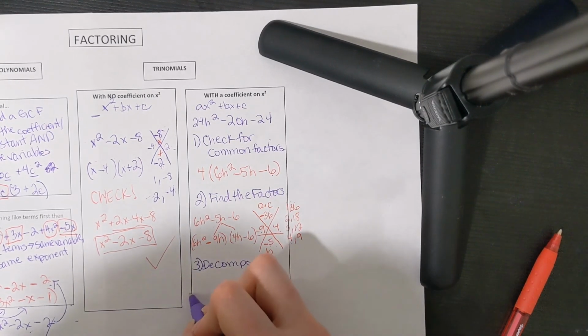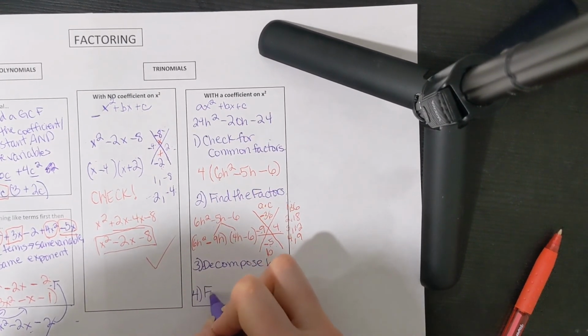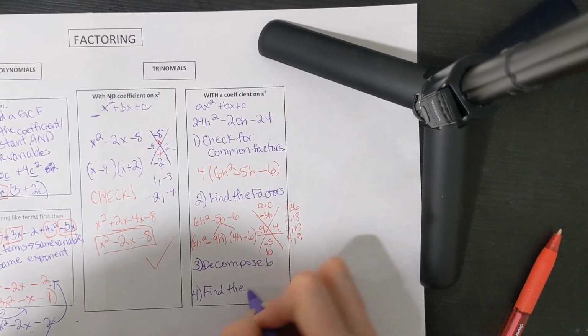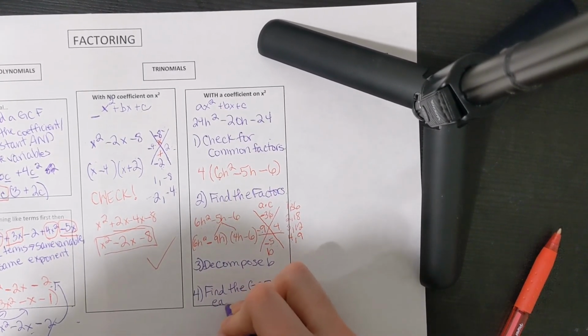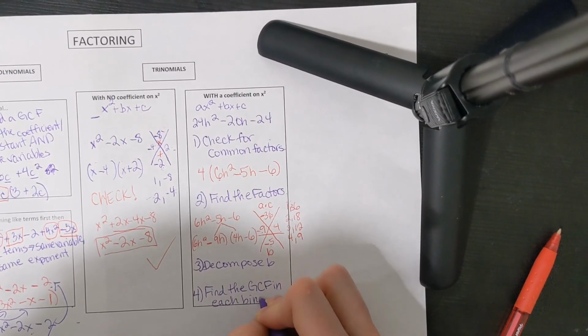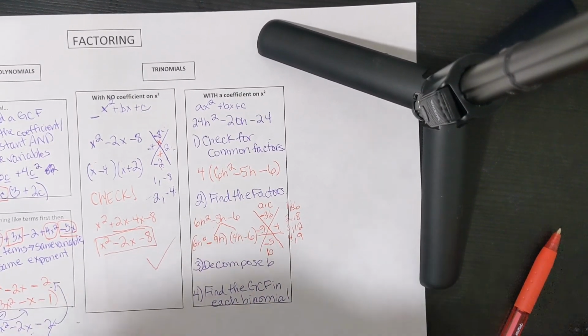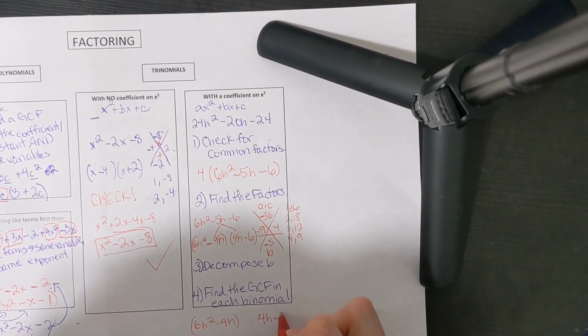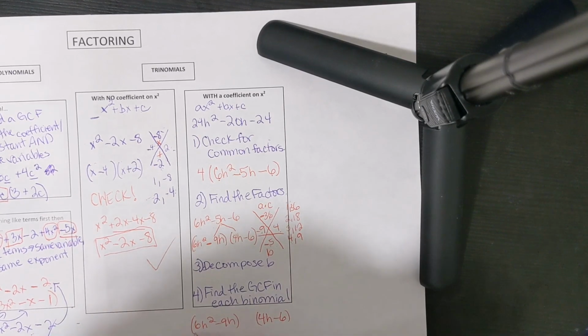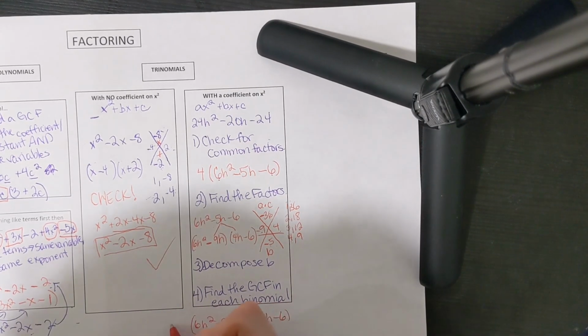Now, step 4 is to find the GCF in each binomial. So we have 6h squared minus 9h and 4h minus 6. So the greatest common factor here is 3 and h. They're both divisible by 3.